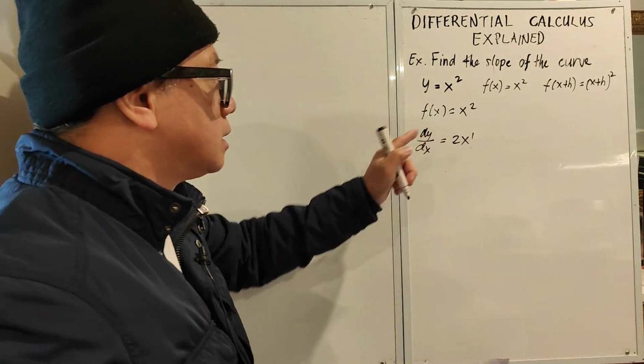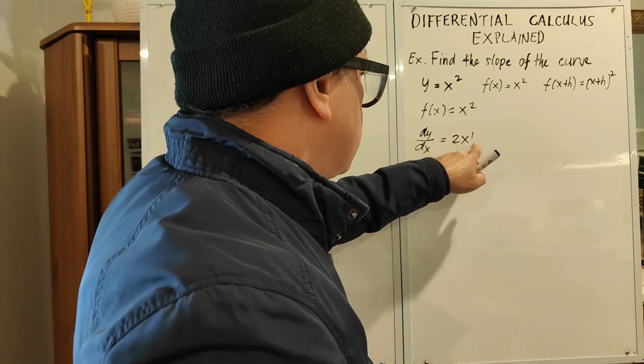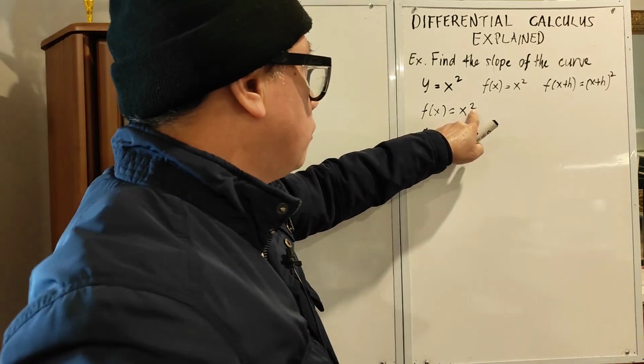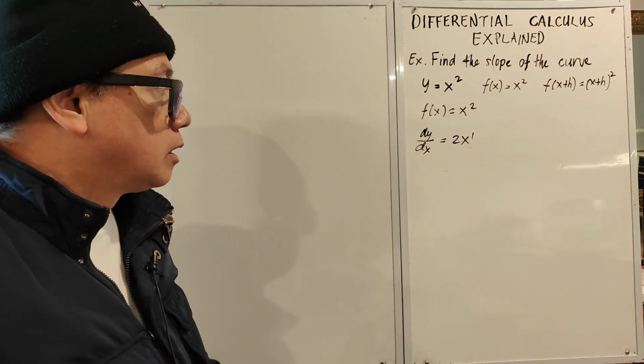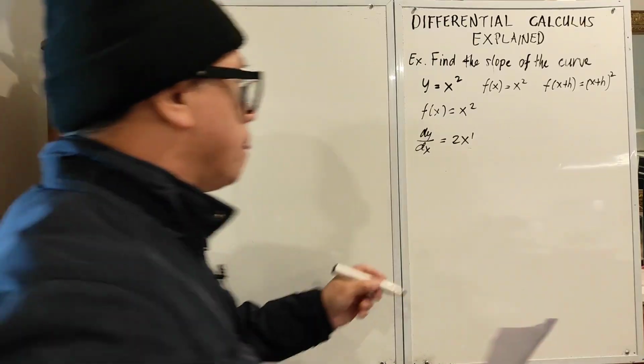To generalize, the x squared became x to the first power, and whatever the power was went into the front. So we can make a shortcut for the difference quotient formula.